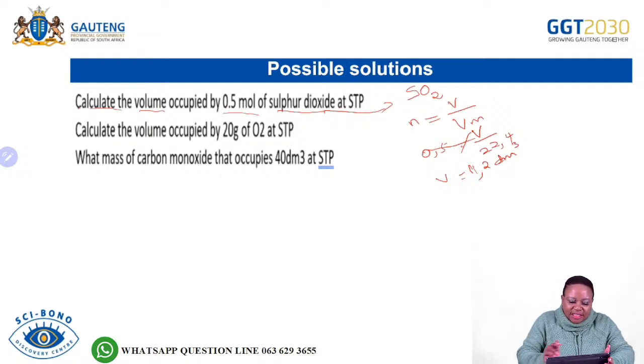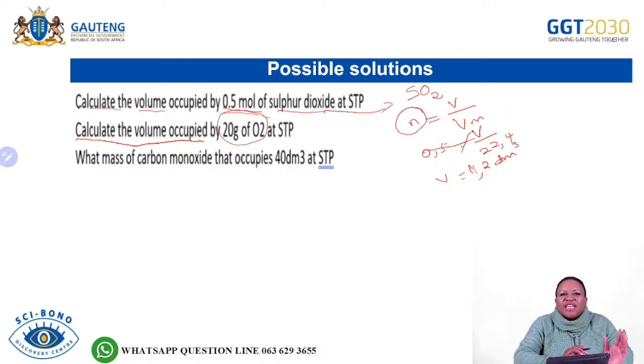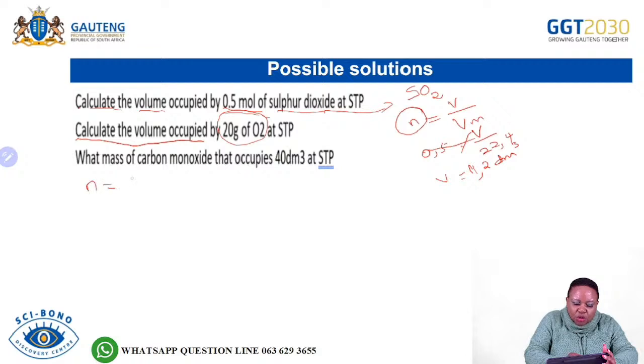We can also look at the second example, whereby they say calculate the volume occupied by 20 grams of oxygen. Now, in this case, the examiner has given you the mass and the molecular formula of a substance. You are not provided the number of moles like the first one. Therefore, for you to use this formula, you firstly need to find the number of moles of this oxygen. So we are going to start by saying n is equal to m over M, whereby we are looking for the number of moles.